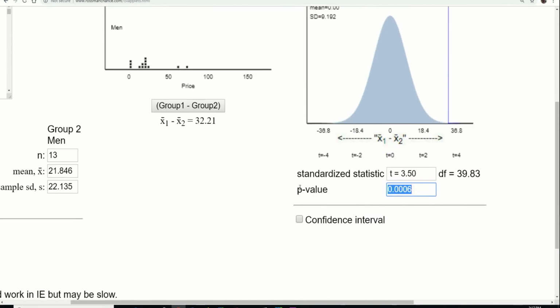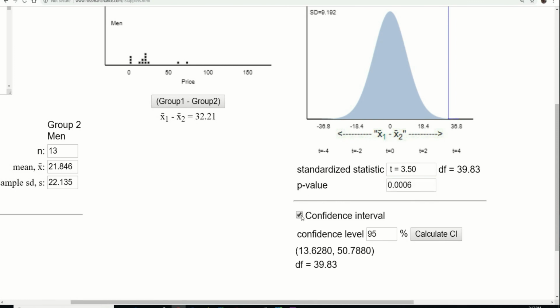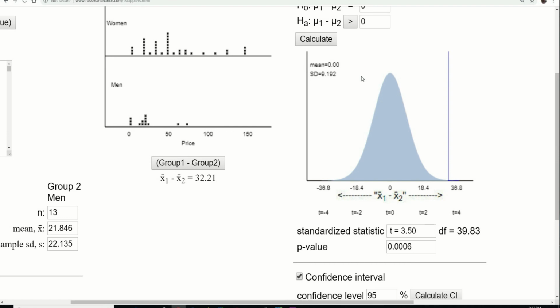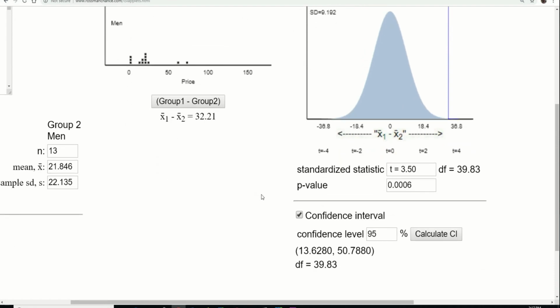Also, remember the theory-based will give us confidence intervals. So not only can we conclude that women pay more on average for haircuts, that average difference in the population is somewhere between $13.63 and $50.79, at least at the 95% confidence level. We're 95% sure that the mean difference is somewhere in that interval.